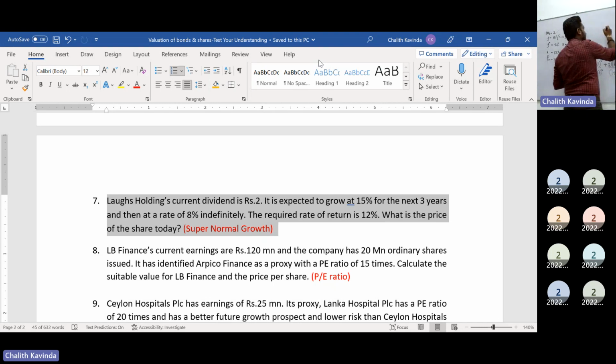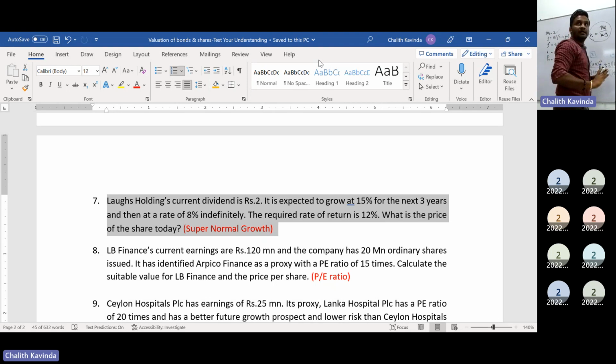Okay, so simply, the formula is your next year dividend divided by cost of equity minus growth rate. For the moment, forget about whether it is cost of equity or cost of capital. Today's price equals next year dividend divided by cost of equity minus growth rate.